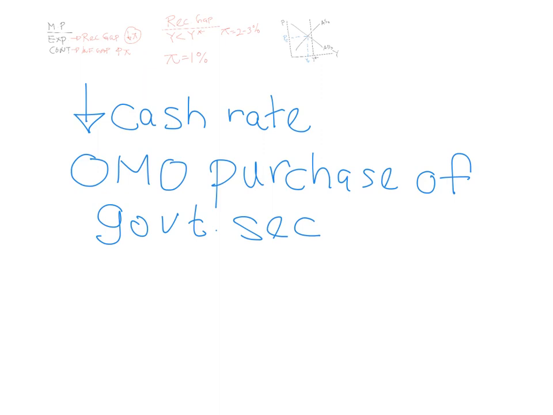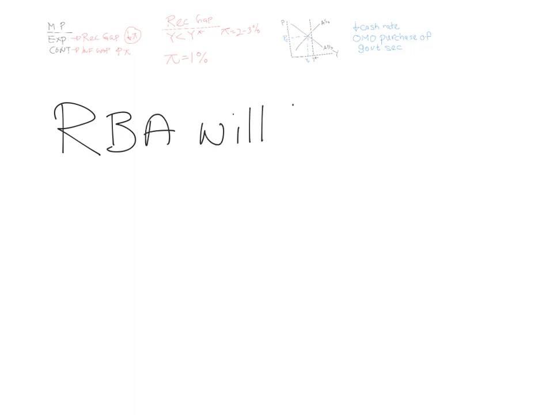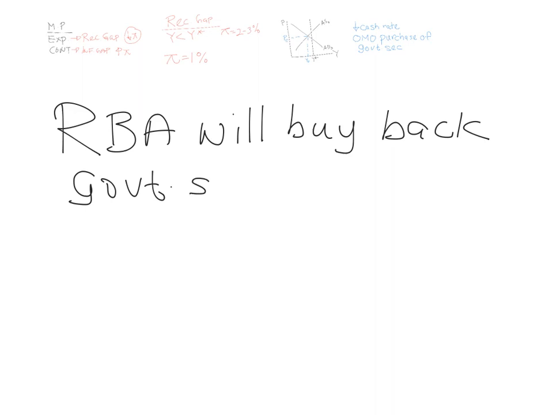So what does this look like? Well, okay, let's explain that situation. What does an open market operation purchase of government securities look like? Well, essentially what is going to happen is that the Reserve Bank of Australia will buy back government securities from the commercial banks.